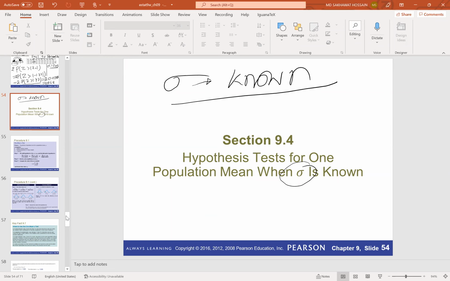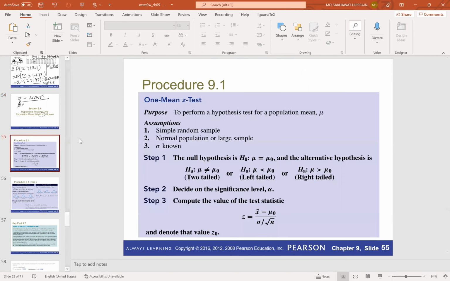But in the next chapter, we'll discuss the hypothesis test where S will be used to estimate the value of sigma, where sigma is unknown. In this chapter, sigma is known, so that's why we are doing the z-test. Okay, so for a one-mean hypothesis test, to perform a hypothesis test for a population mean mu, we need to satisfy the following assumptions.